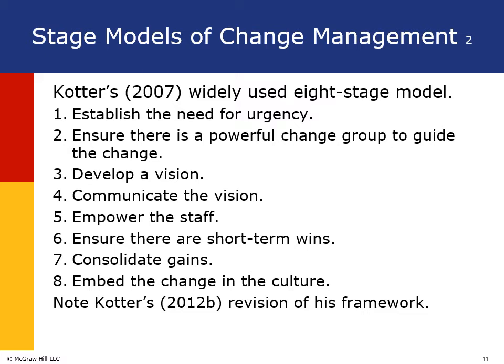Kotter has made some changes in this. He recognizes that these steps are what he would call change accelerators, so they're very important to speeding up the change process. He also says they're concurrent rather than sequential, meaning you don't go from stage one to stage two to stage three. You can be communicating the vision as you're developing it, or empowering the staff while you're consolidating gains.